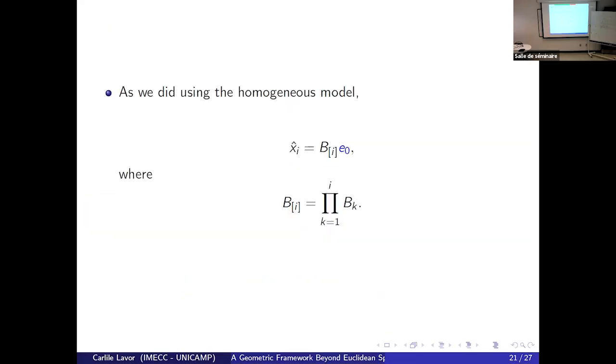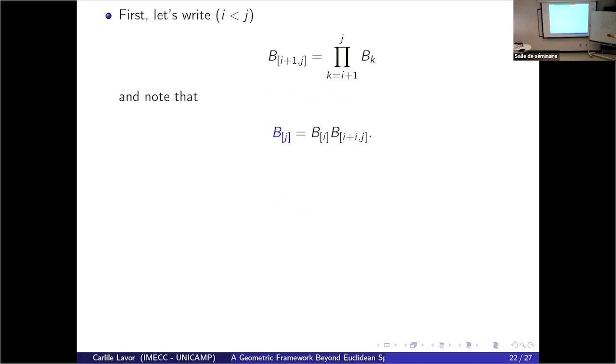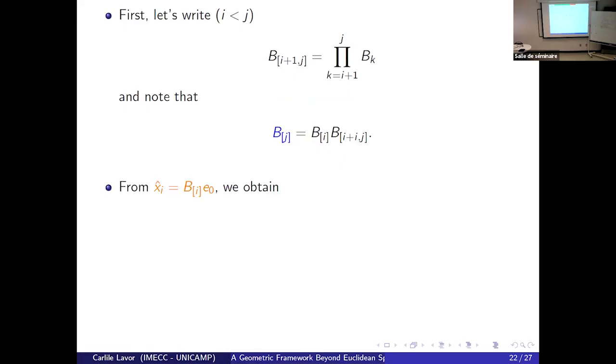But our problem is to calculate this. Now let's calculate this. As we did in the homogeneous model, we represent our point now in R5, just multiplying matrices, exactly the way that we did in the homogeneous model. And I use the same notation here, and I use this very nice property. Let's do the calculation.